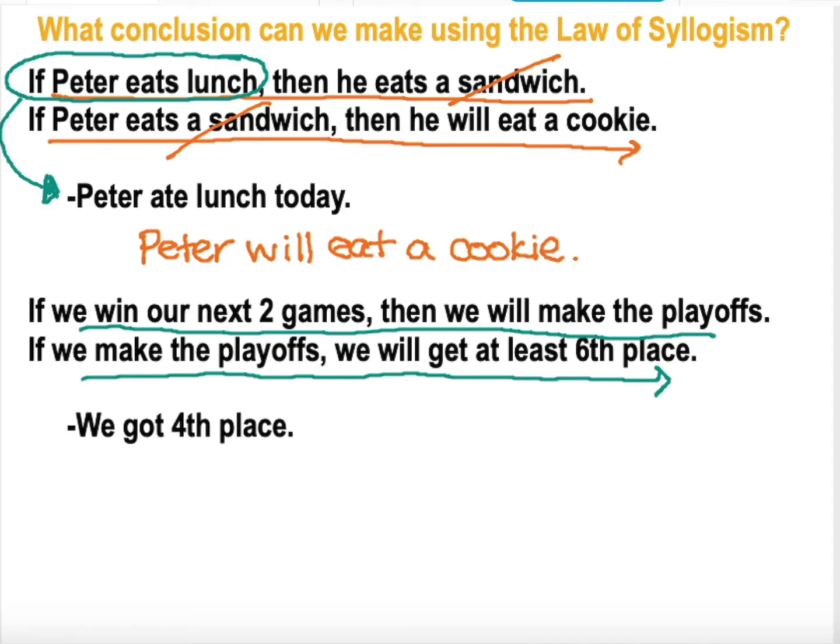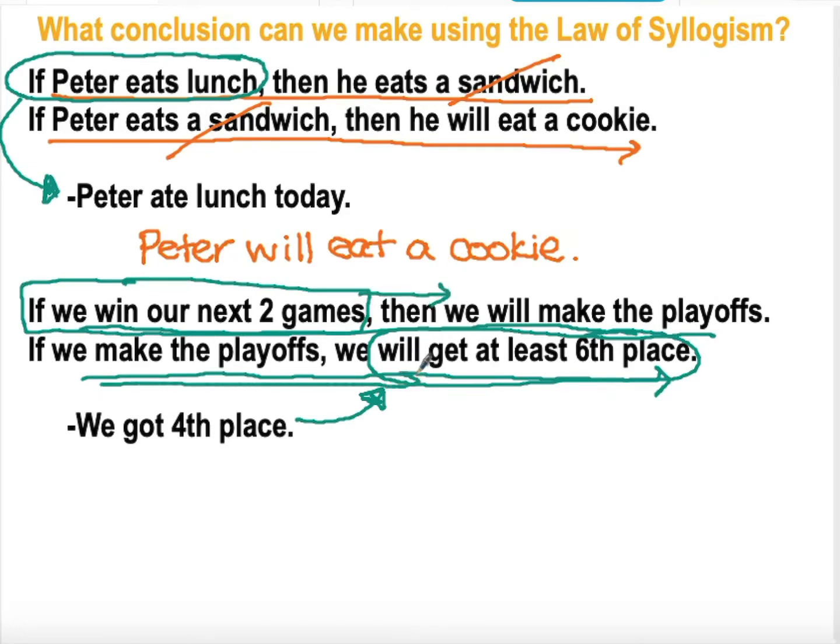This time, we're finding out that the final part is true, and that means we are not allowed to make a conclusion. Remember, we only make conclusions when we start out with this knowledge and it leads us to the end. So for this one, we would make no conclusion.